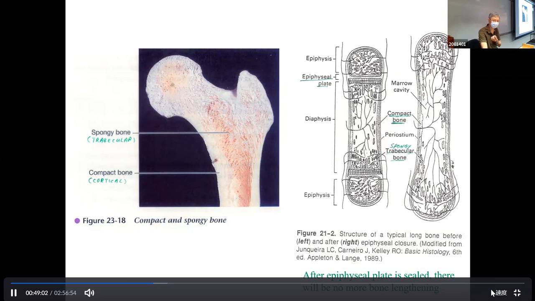Usually when we say osteoporosis, we are referring to the problem associated more with the spongy bone. We'll talk about that in a minute.